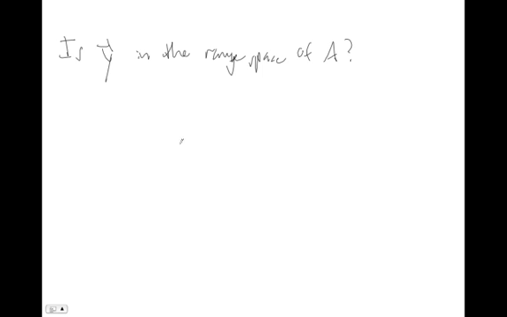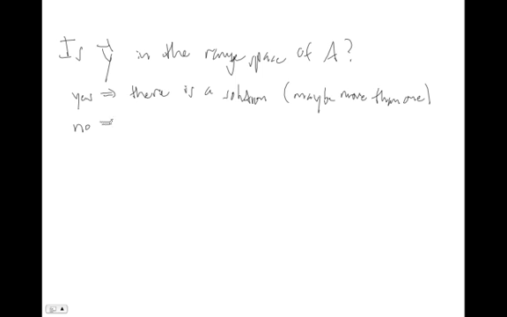Is there a vector x that will let me make y by multiplying A times x? If the answer is yes, then there is a solution for x, and maybe more than one. If the answer is no, then there is no solution.